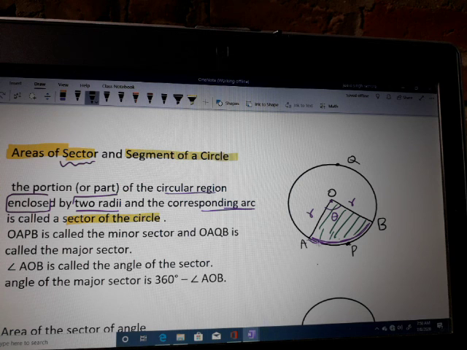This is the area of sector OAPB. This is the minor sector. The other left region, the region AQBO, is the major sector. I already wrote it down here.